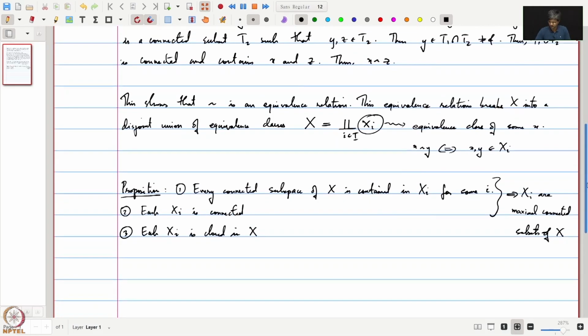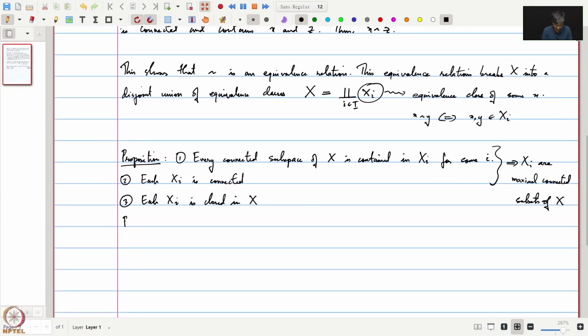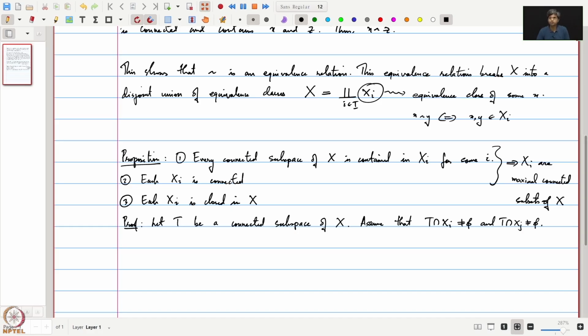Okay, so let us prove this proposition. Let T be a connected subspace of X. We will prove the first point by contradiction.